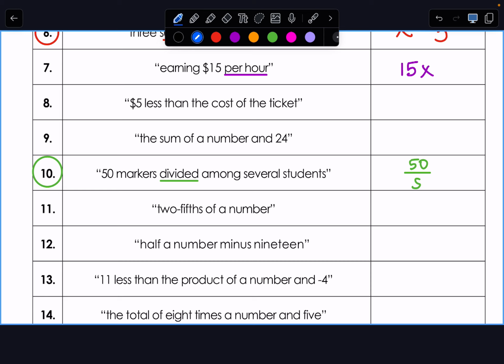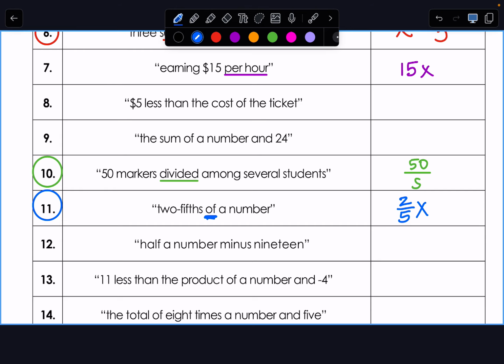All right, look at number 11. 2/5 of a number. Of means what? Okay, so 2/5 of a number would mean we're taking 2/5 and multiplying it by a letter.